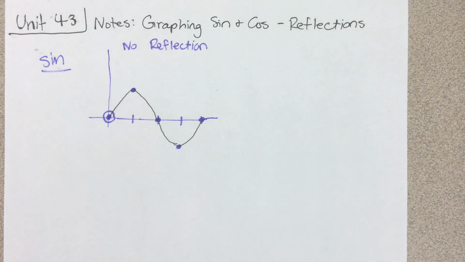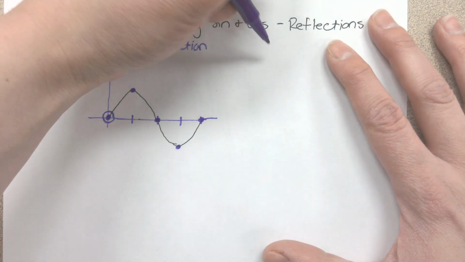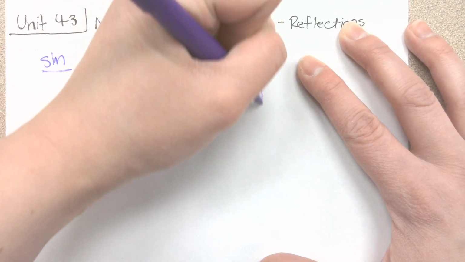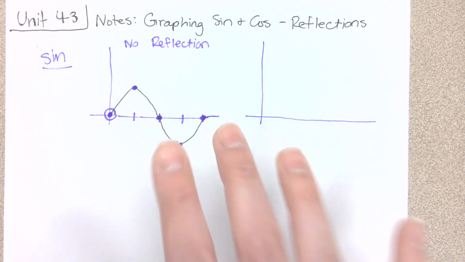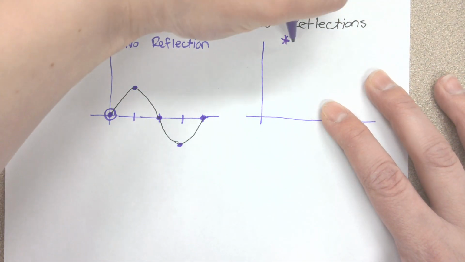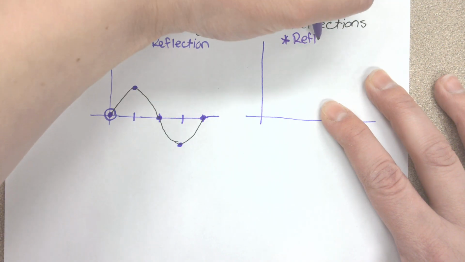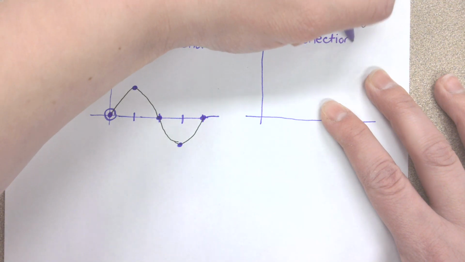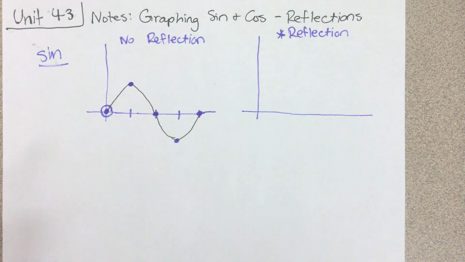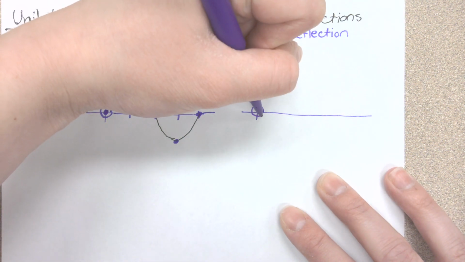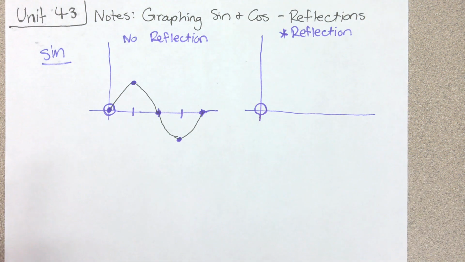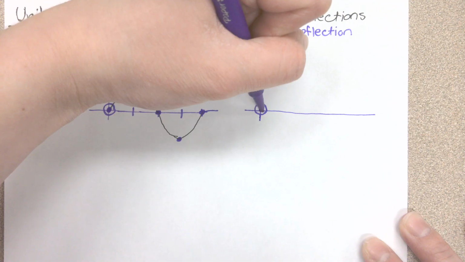Let's graph it again, but with a reflection. The only points that don't change here are the points on the midline, so the point that we start with.